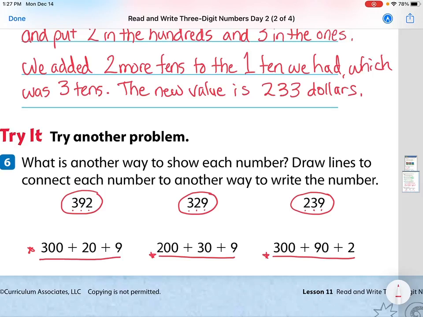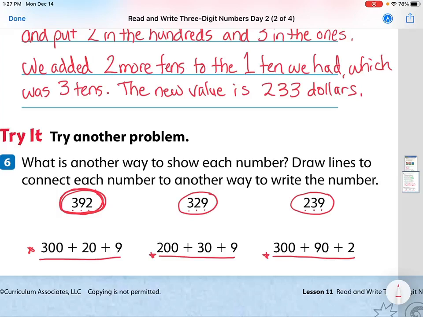Okay, so you're going to be drawing a line from the top number, like let's take this one. You're going to draw a line from this number, this standard form, to match the expanded form number below on the bottom row.